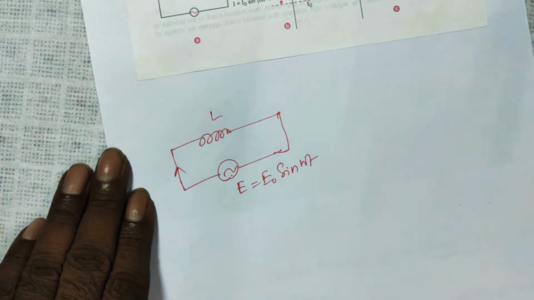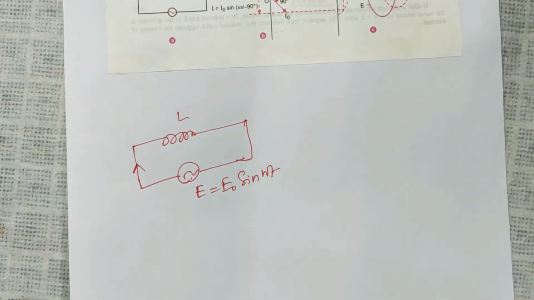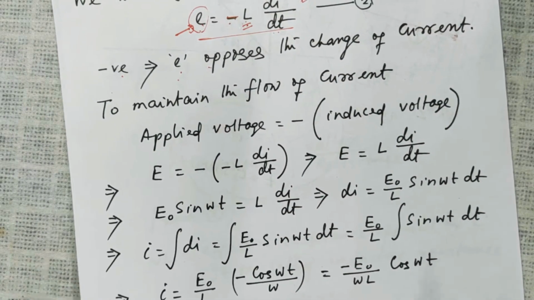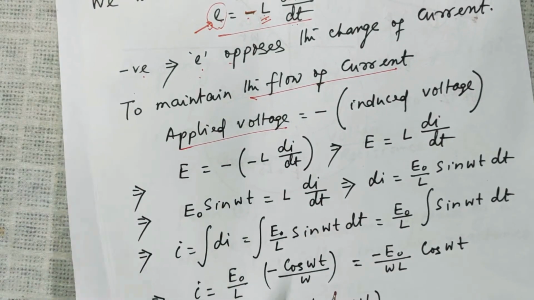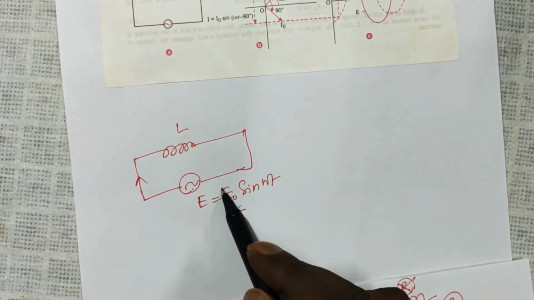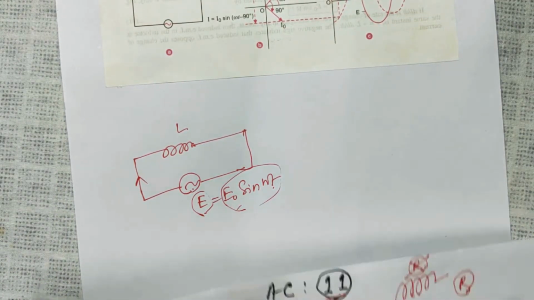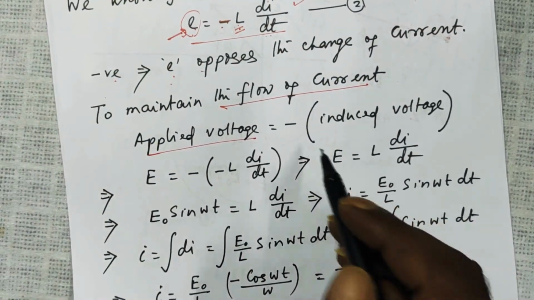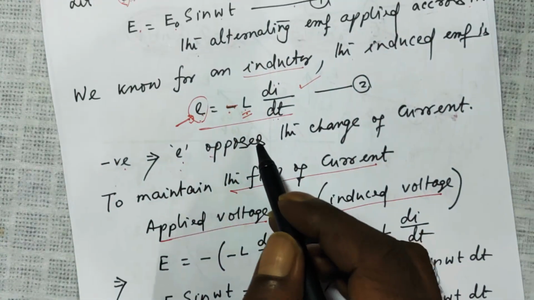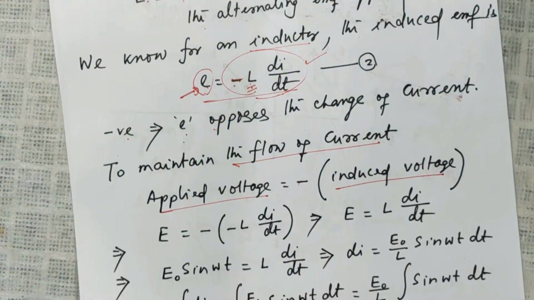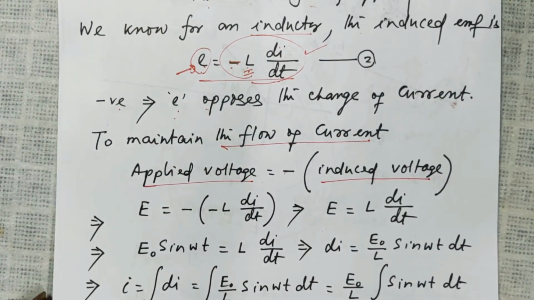To maintain the flow of current, your applied voltage E is equal to E naught sin omega t, E must be opposite to the induced voltage, to maintain the current, right?